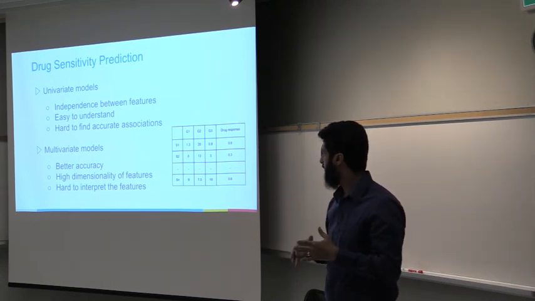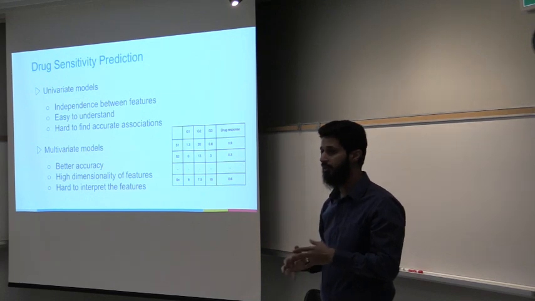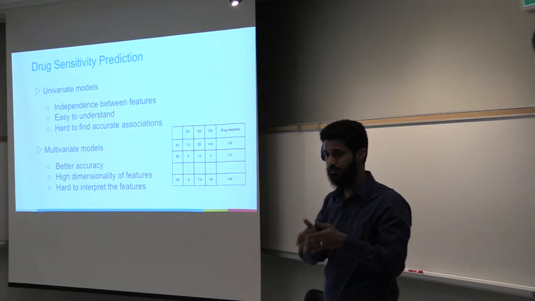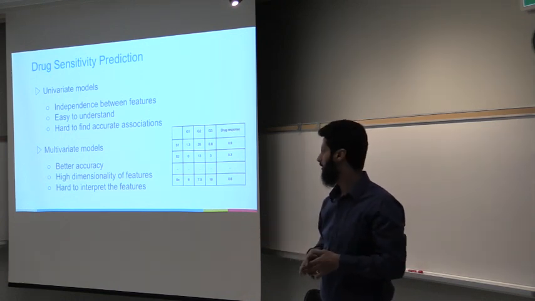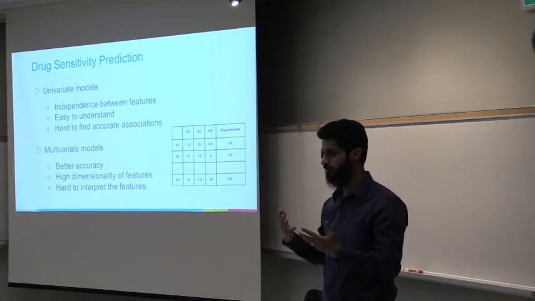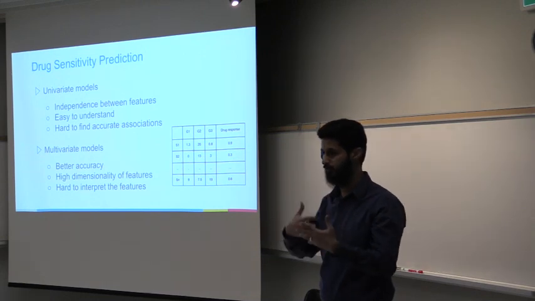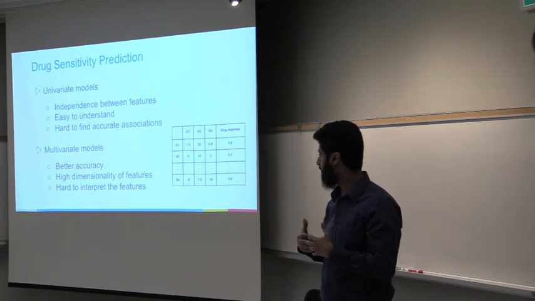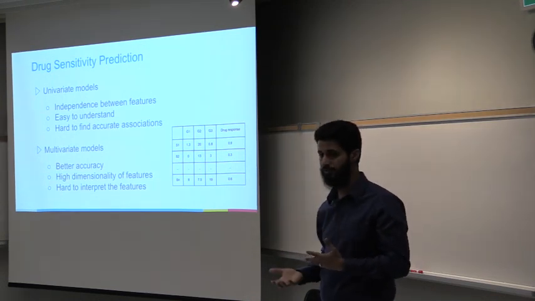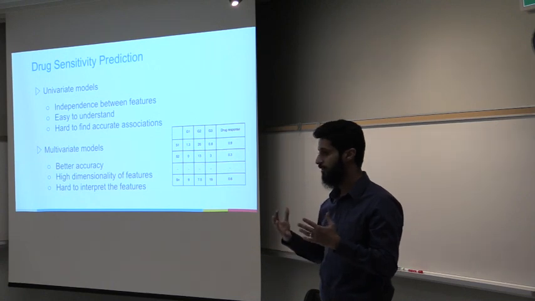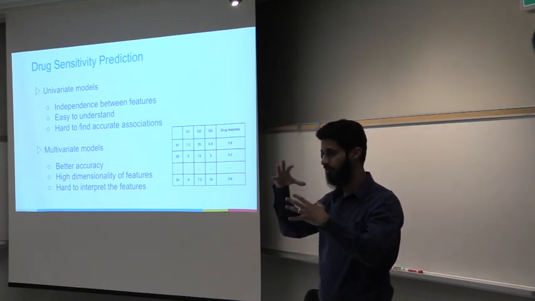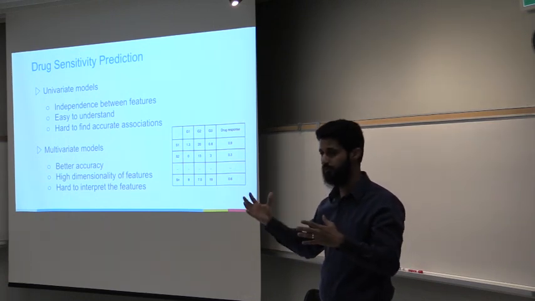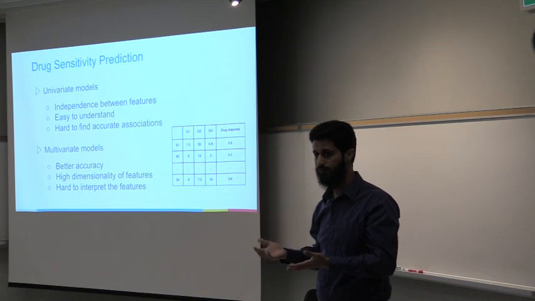However, the problem is that, in reality, it is very hard to find accurate associations or correlations between independent or separate genes and the drug response, because these models don't take into consideration any information about the relationship between the genes in the sample. So other groups resort to multivariate models and machine learning models, where they try to find a relationship between the different genes, the features, in order to associate that with the drug response and have better predictive models.